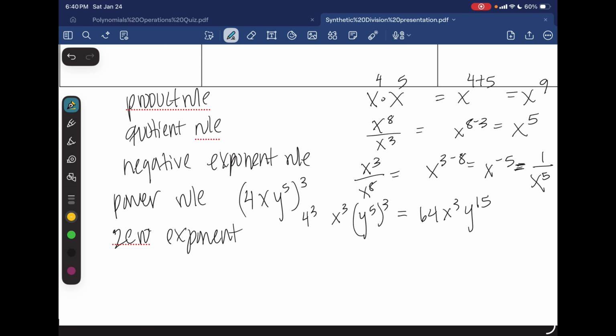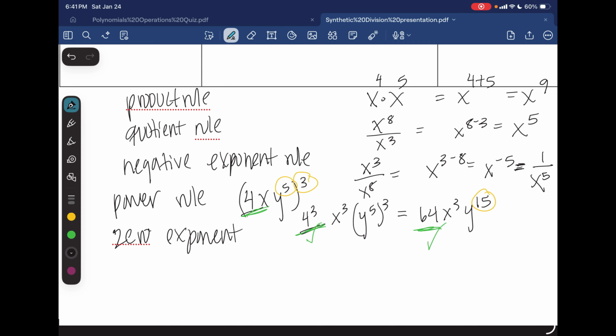So you can circle these and multiply, 5 times 3. But know that 4 to the third means 64, not 12. It's not 4 times 3. 4 to the third is 64. So make sure you understand that completely.